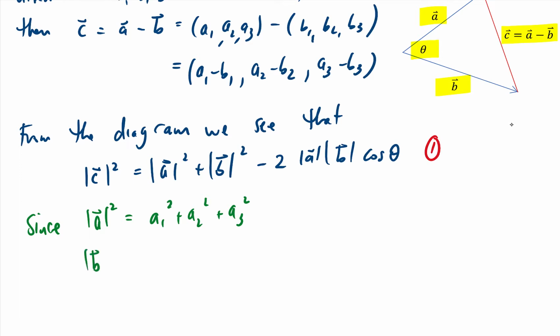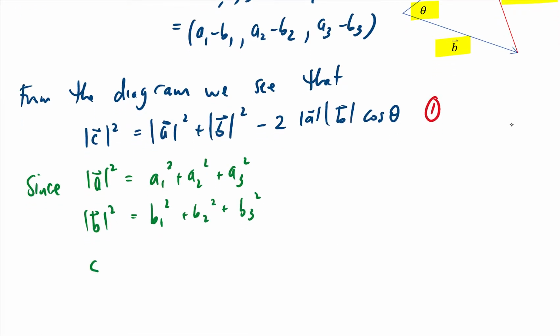And therefore the magnitude of b squared is equal to b1 squared plus b2 squared plus b3 squared. And finally, the magnitude of c squared is equal to a1 minus b1 all squared plus a2 minus b2 all squared plus a3 minus b3 all squared.